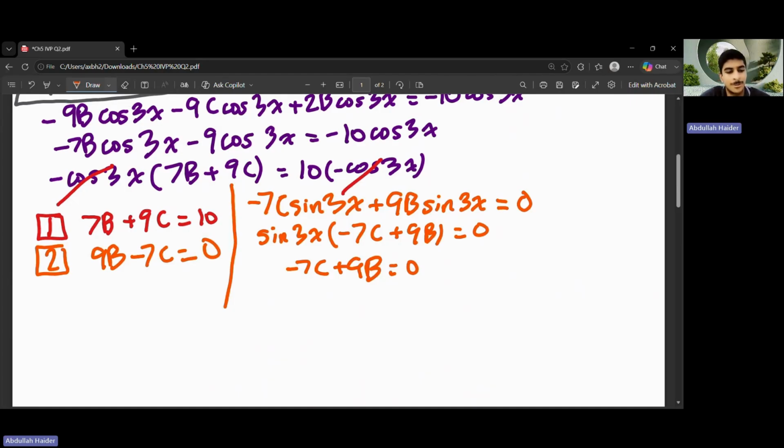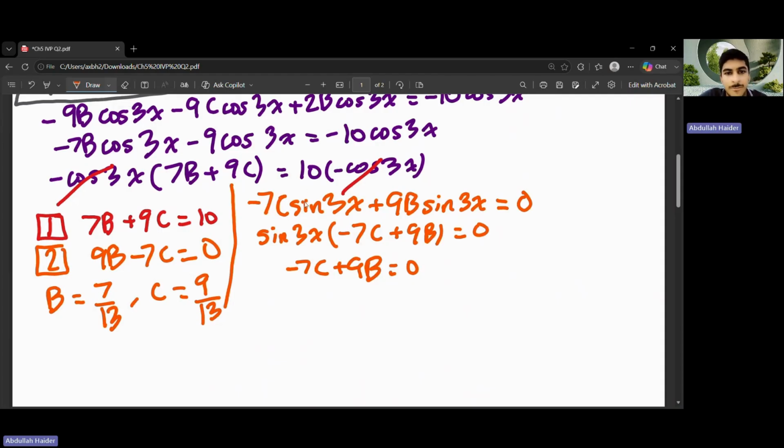Now I'll use my calculator to find b and c quickly, but note that in the exam you have to show your work by substitution or elimination, whatever you like. So you get b is equal to 7 over 13, and c is 9 over 13.